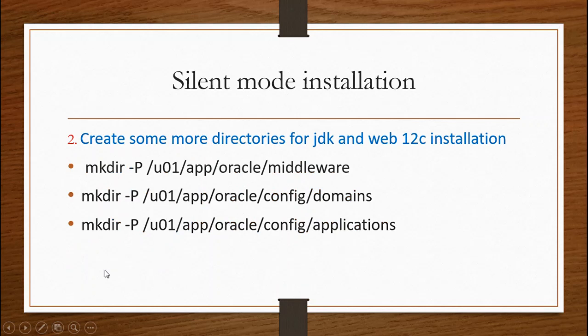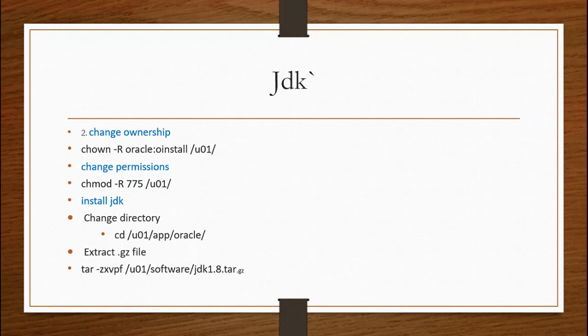And coming to the next, silent mode installation. Create some more directories for the JDK and WebLogic server installation. These three are also mandatory; create these and change the permissions and ownership. After that, install the JDK in a particular folder like app oracle and extract it by using tar JDX VPF.